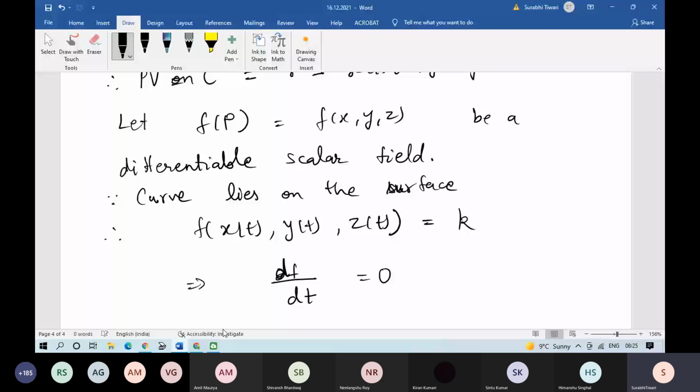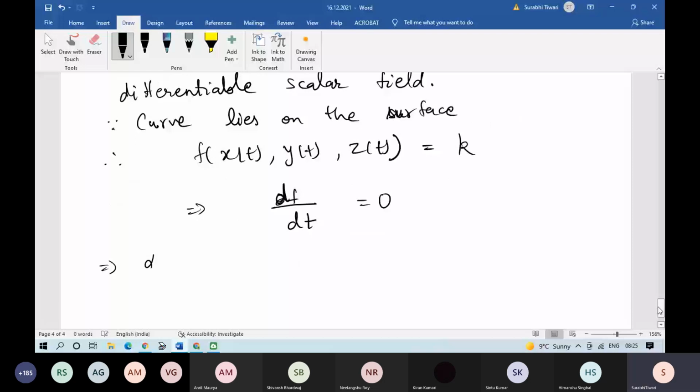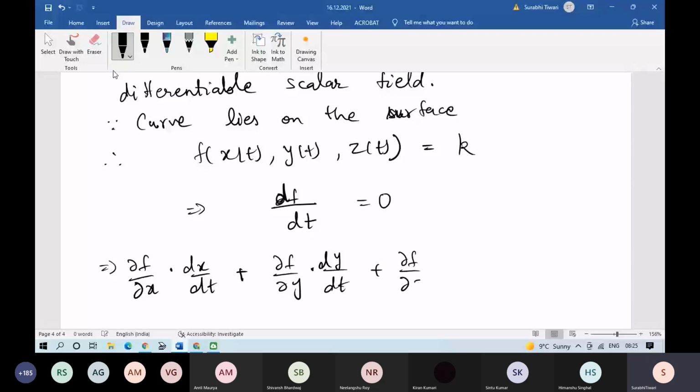Now what is the value of df by dt? Using the chain rule of differentiation, in three components, this will be del f by del x into dx by dt plus del f by del y into dy by dt plus del f by del z into dz by dt. This is equal to 0. Now put all the values.